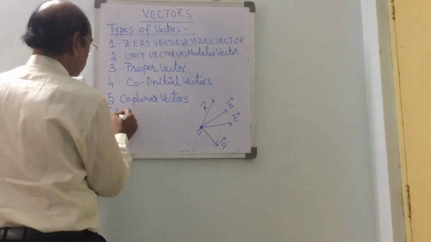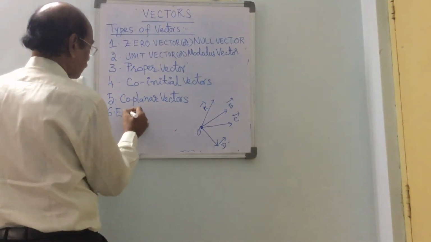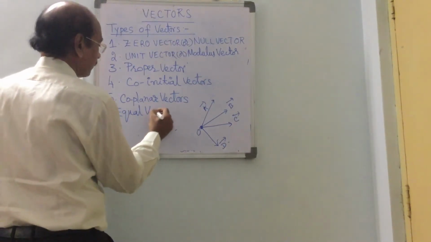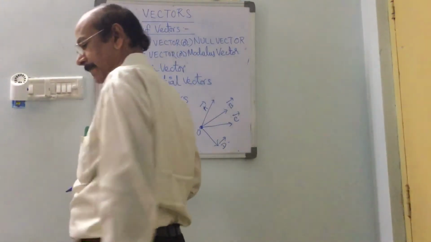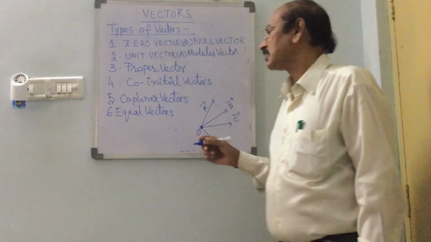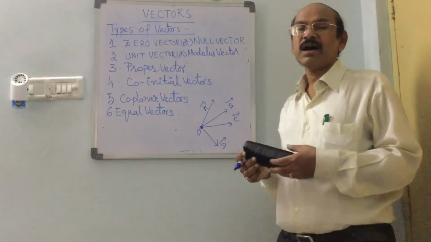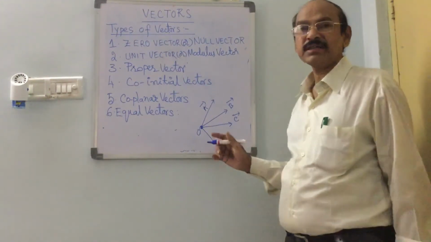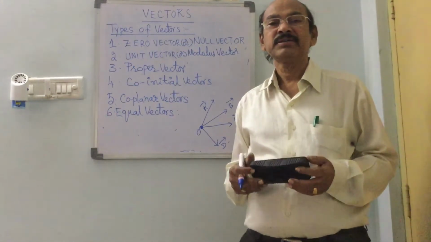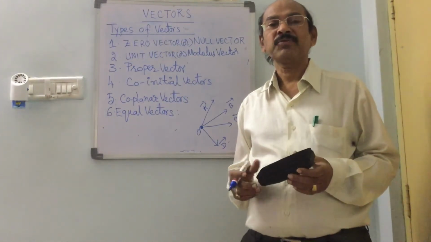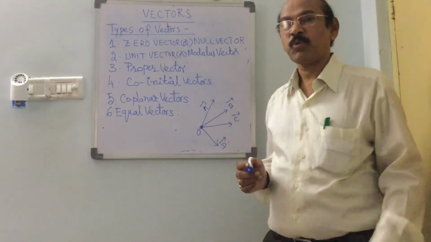Next, equal vectors. Two vectors are said to be equal vectors if they possess the same magnitude and the same direction, whatever may be their initial points.